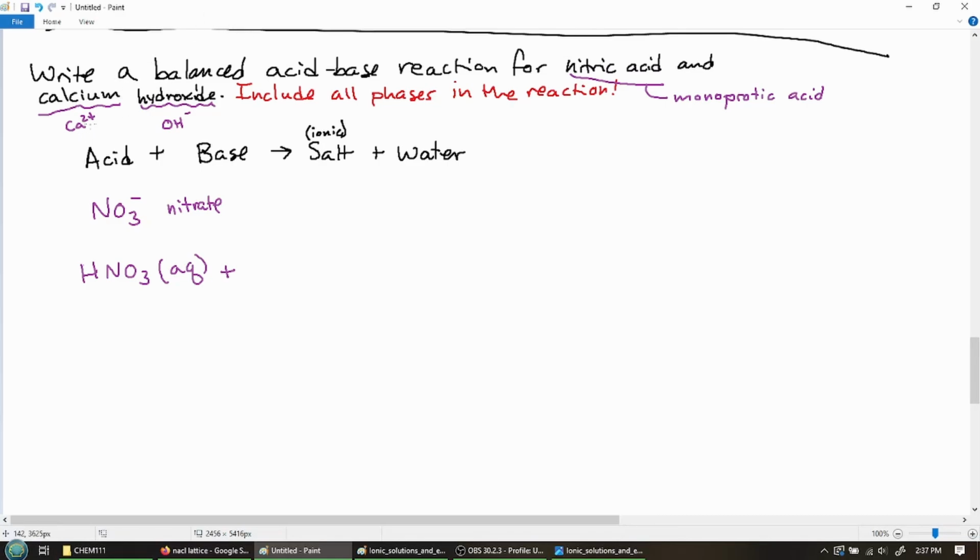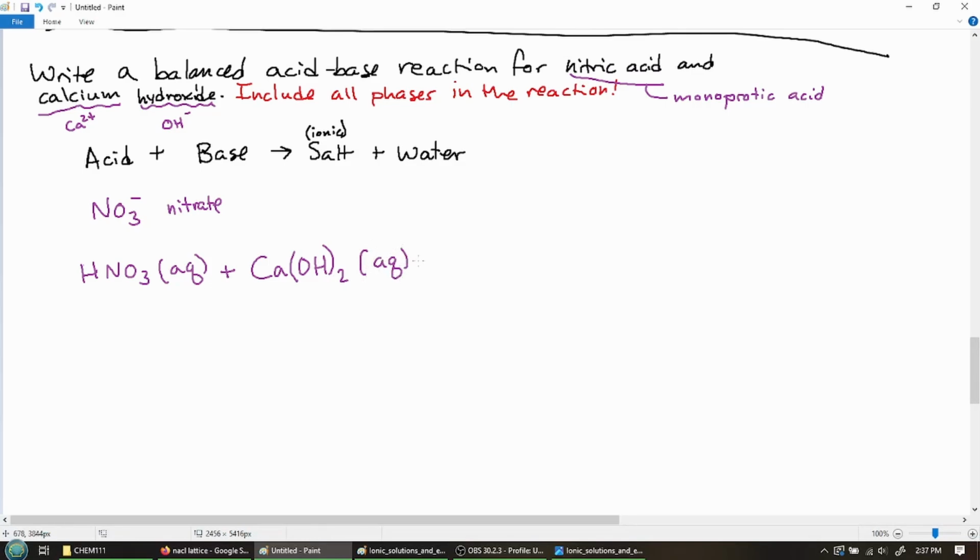If this is 2+ and each hydroxide has a 1-, I'm going to need 2 hydroxides in order to cancel out that single calcium 2+. So this is going to be Ca, and let's make sure to put this in parentheses because we need to double up on that entire hydroxide ion. This is going to be Ca(OH)2. Let me say Ca(OH) quantity 2. Okay.